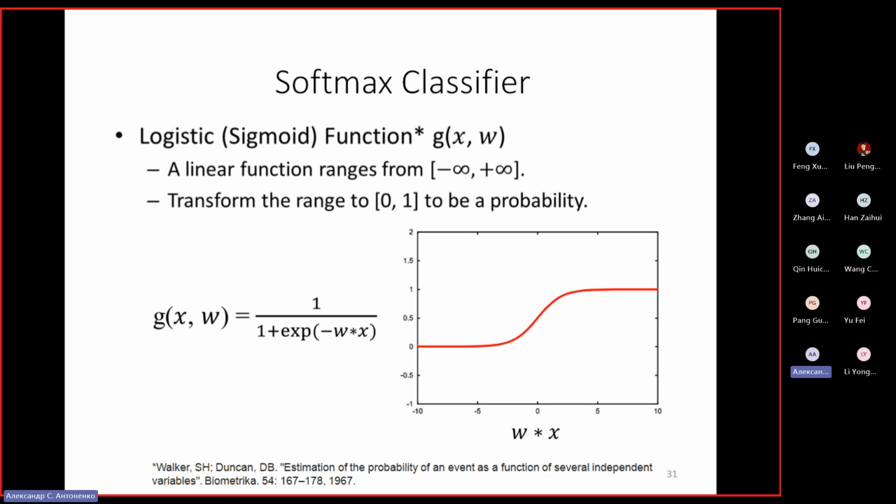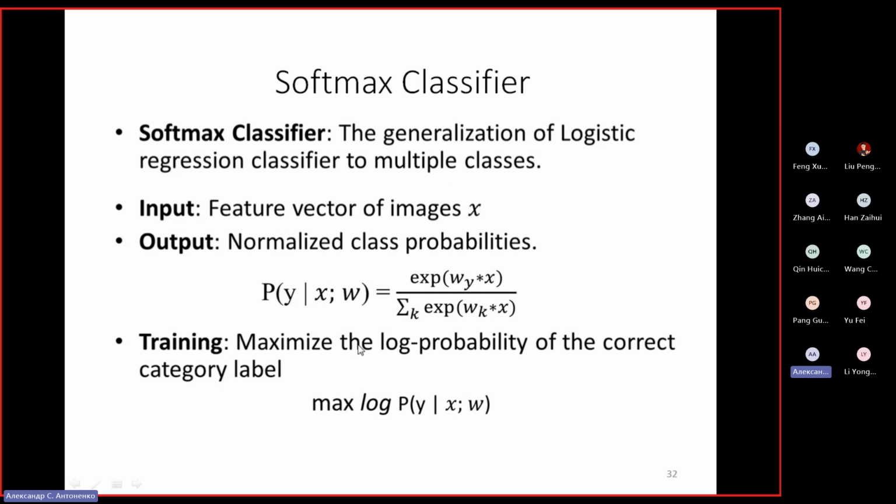So what is the idea? We have some number, let's take any number from minus infinity to plus infinity. How can we transform it to a number from 0 to 1? We can use the logistic or sigmoid function. Very good. As you can see, it's quite an old idea. But we have multiple classes. What can we do? We can apply the exponential function.